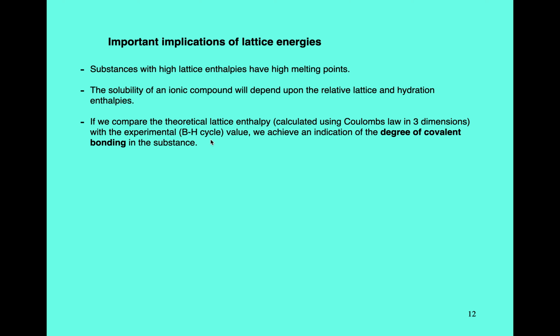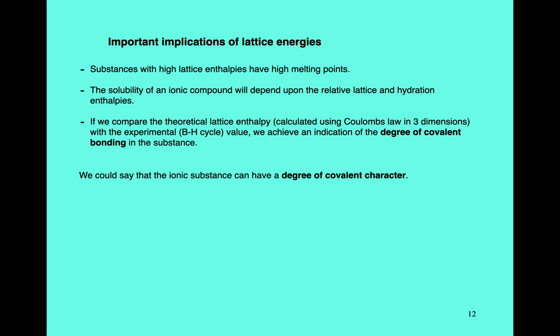And we find that there's a difference between the calculated lattice enthalpies and the experimental lattice enthalpy from a Born-Haber cycle. When there's a significant difference, we can explain that using something called covalent character. So the degree of covalent bonding in the substance can affect the lattice enthalpy.